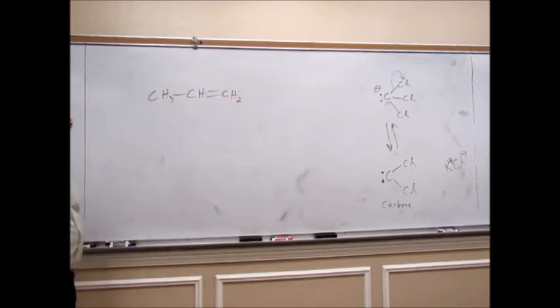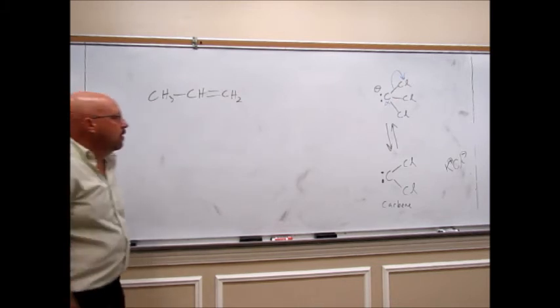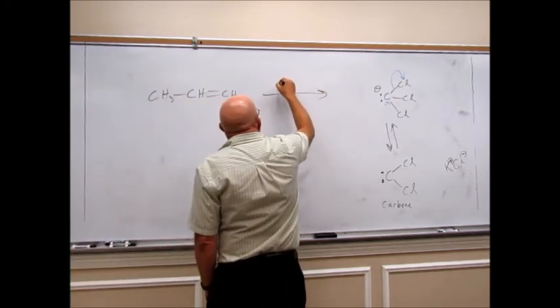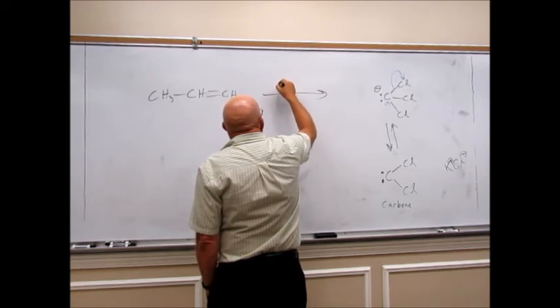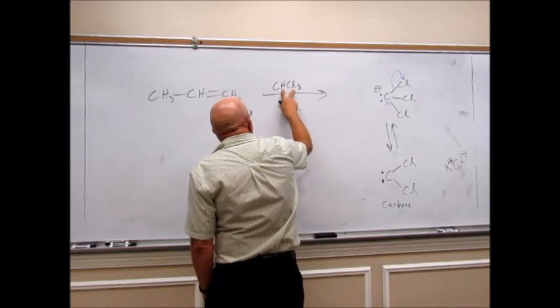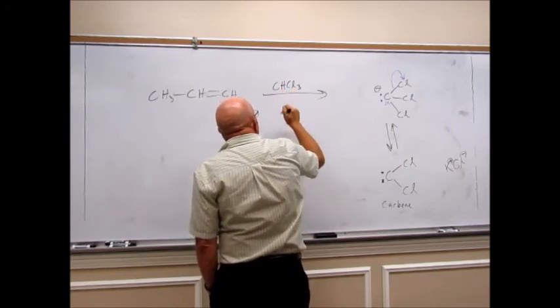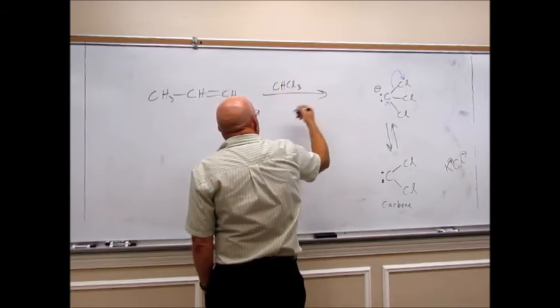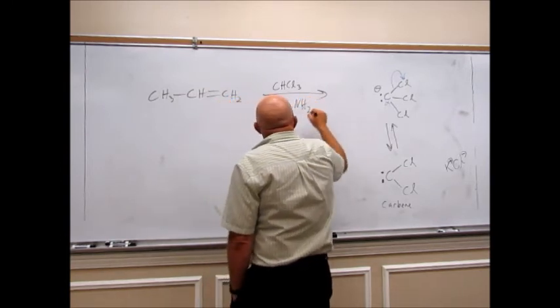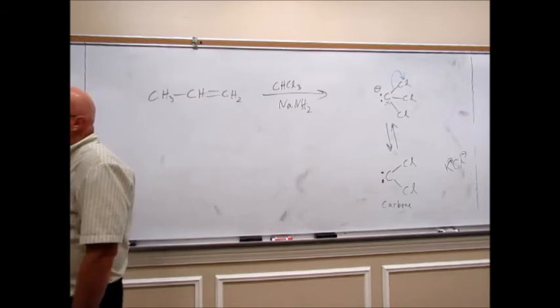So I'll do the same alkene that I had up there a moment ago. So I have my chloroform here. That's in the condensed formula. And we need a strong base. I'll mix it up here. We'll use sodium amide. Any strong base will work.